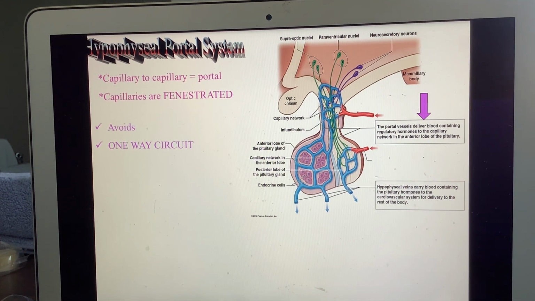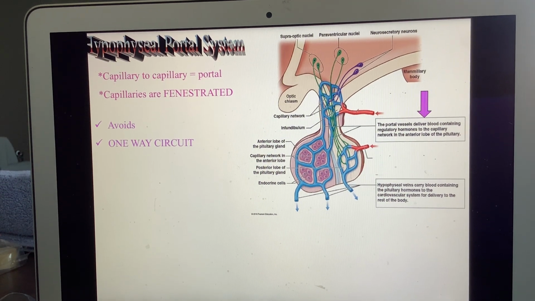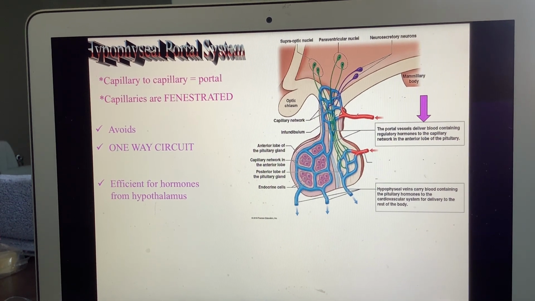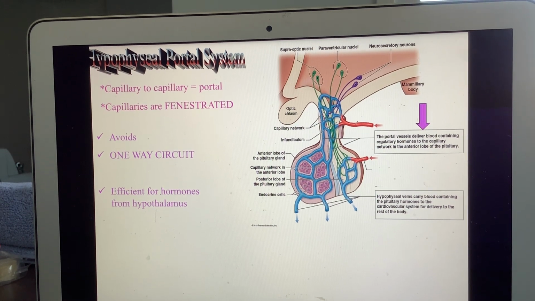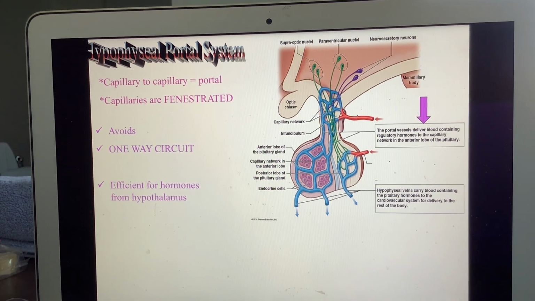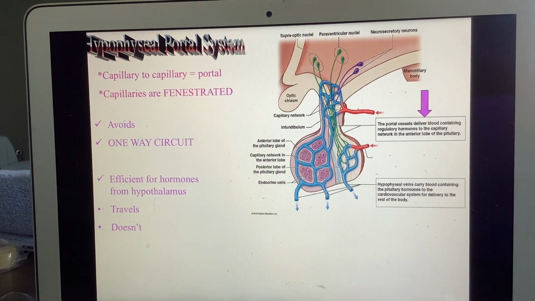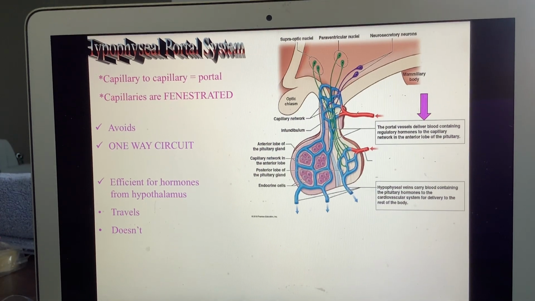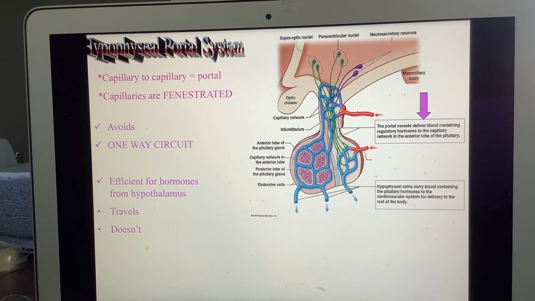That one-way circuit then makes it faster and the hormones don't get degraded or diluted. So bottom line, that hypophyseal portal system that joins two capillary beds that are fenestrated or have the bigger pores is the efficient way for the hormones from the hypothalamus to travel directly to the anterior pituitary, and it doesn't get degraded or diluted. Diluted is D-I-L-U-T-E-D.